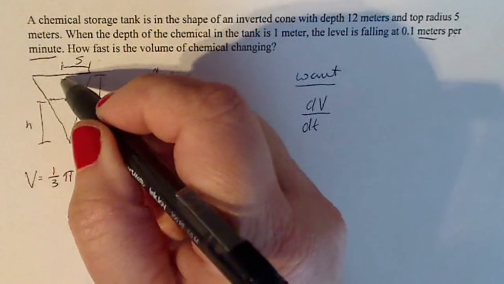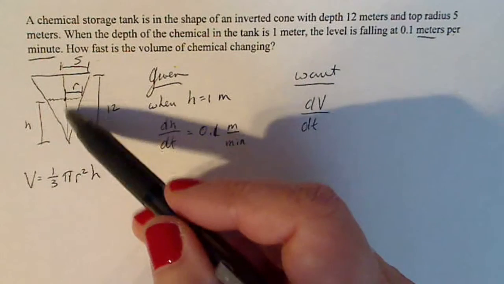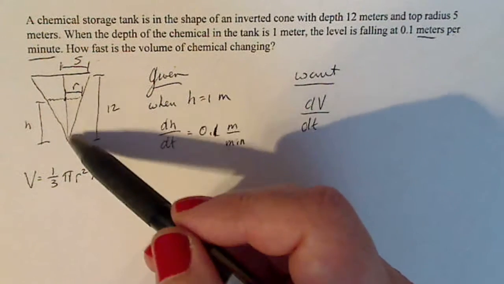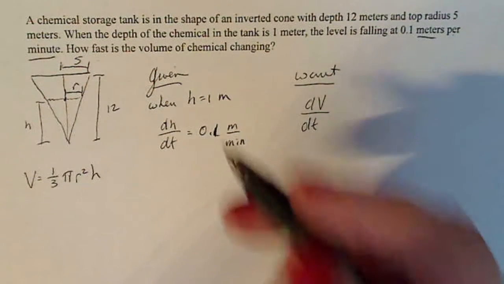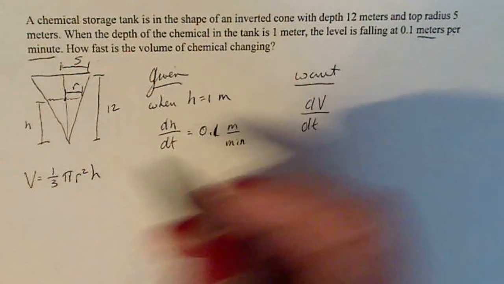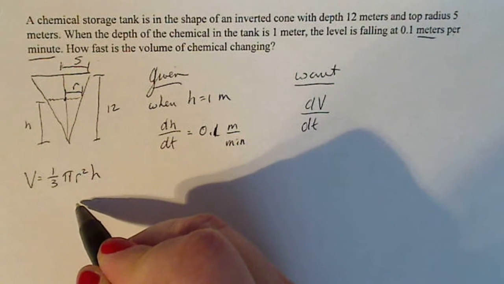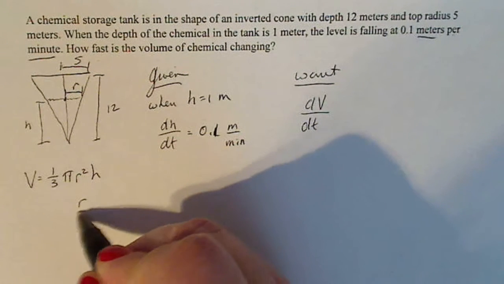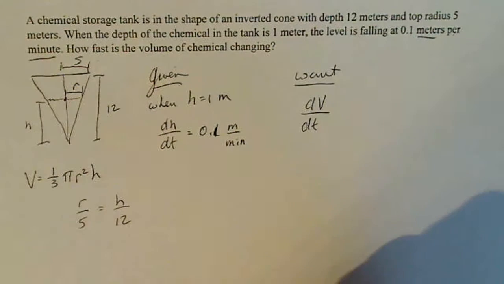If I draw a line down the center, we get similar right triangles. So this little triangle down here is similar to this triangle up here. So the sides are proportional. That means that R is to 5 as H is to 12.